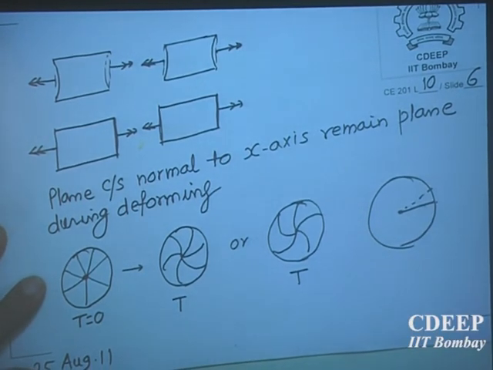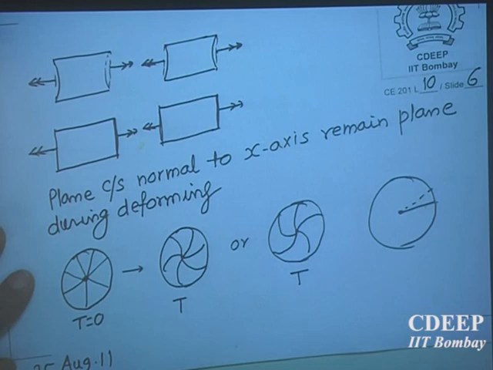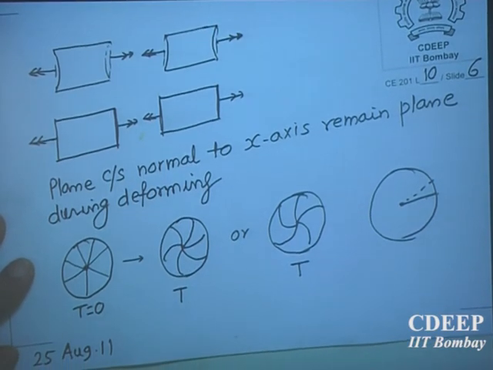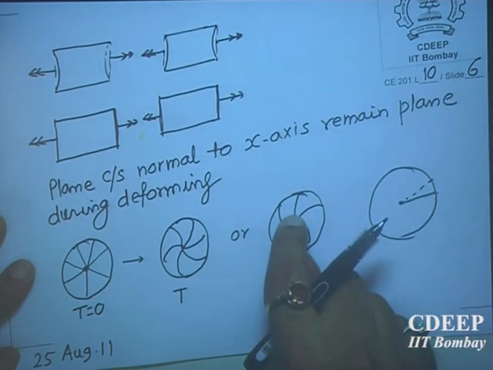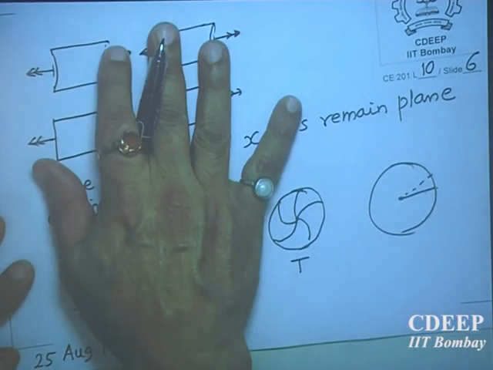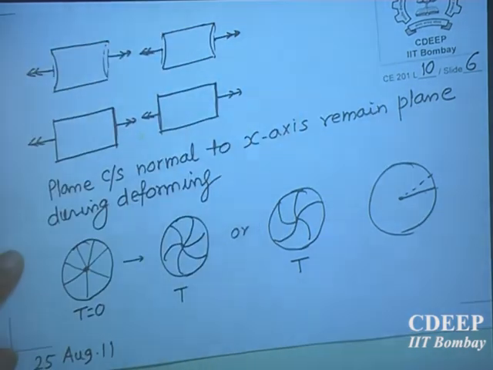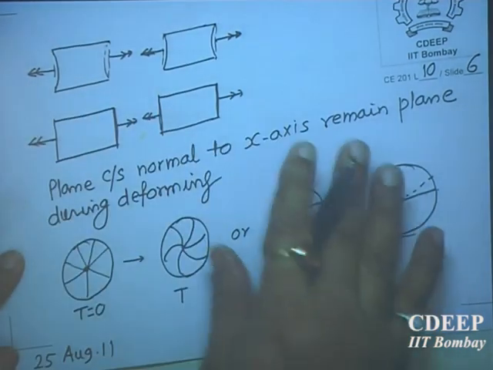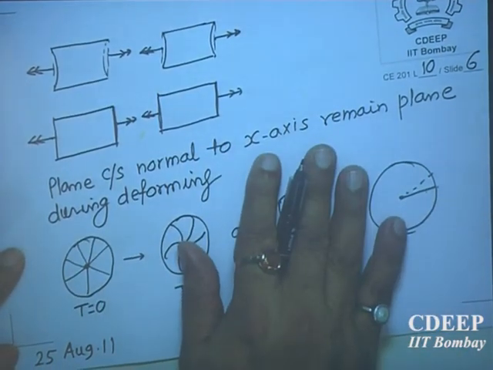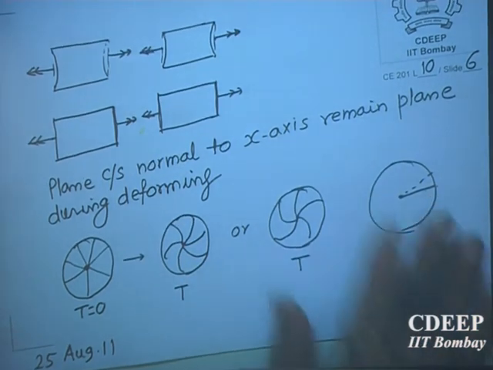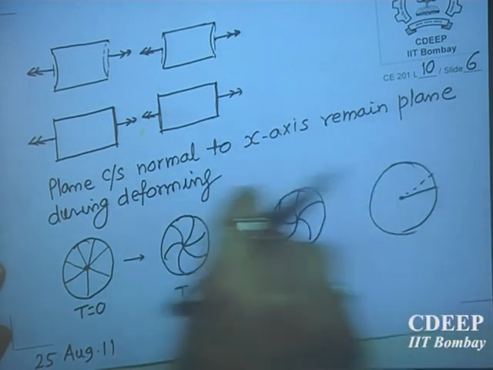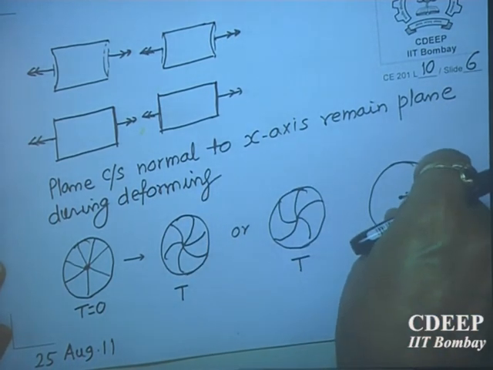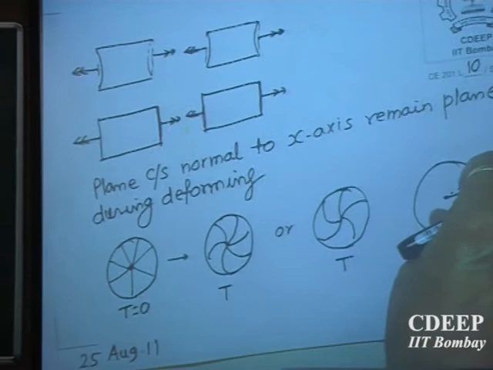It will rotate in the plane only. A line will certainly rotate, but it will remain in the plane and it will remain straight. It will not get curved. So this has come from geometrical consideration and compatibility consideration. Now there is a small mathematical formula that can be developed based upon this, which I will tell you next time on Monday.